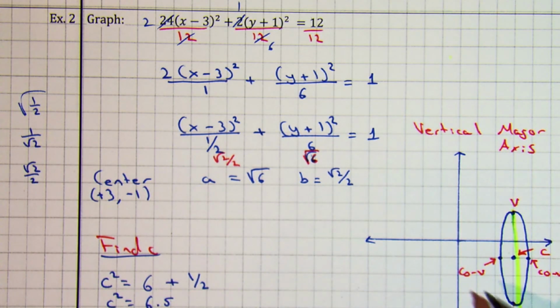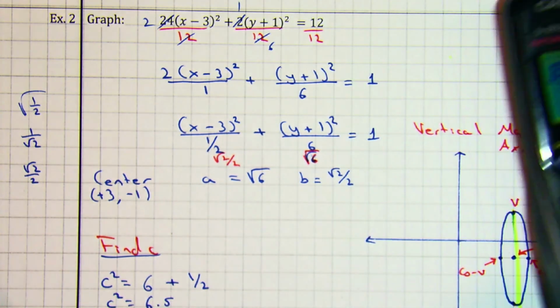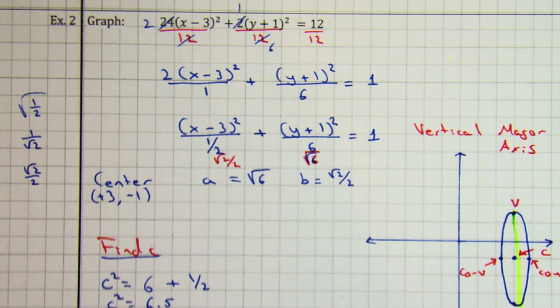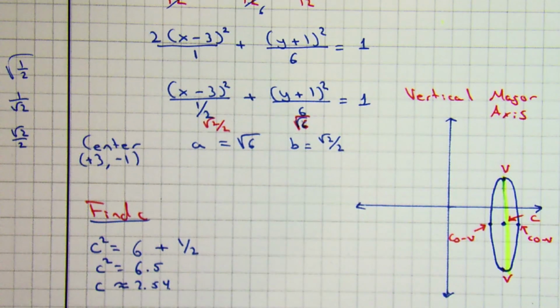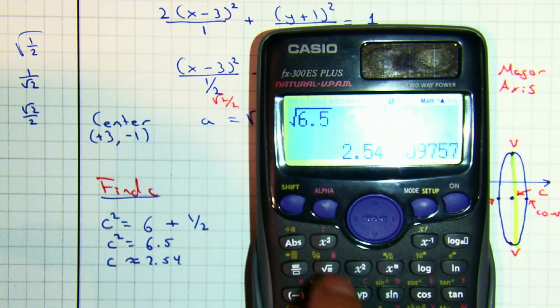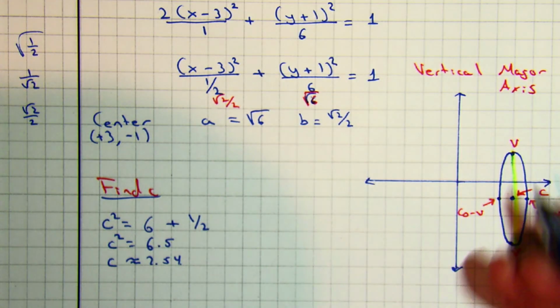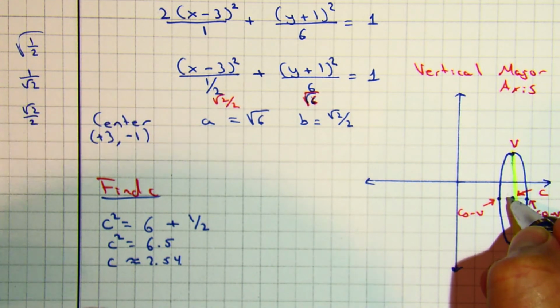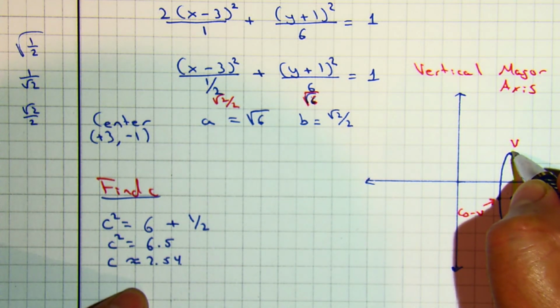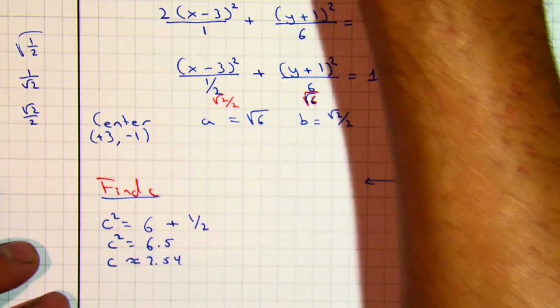So notice that in this case, what's the square root of 6? And I already made a mistake. Can you catch my mistake? What did I do? One of the things that I noticed is that my square root of 6 is 2.4. My focus has to be inside. So if this is 2.54, that means that's going to be outside. Yes, that should be a minus.